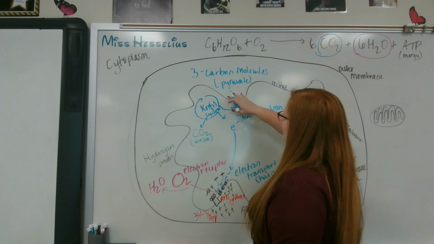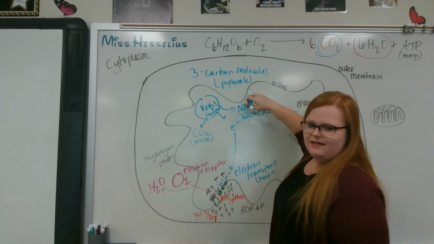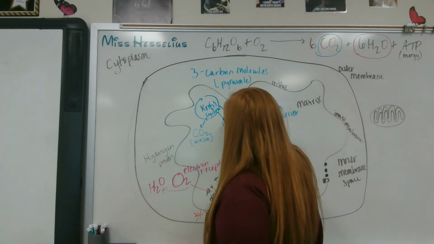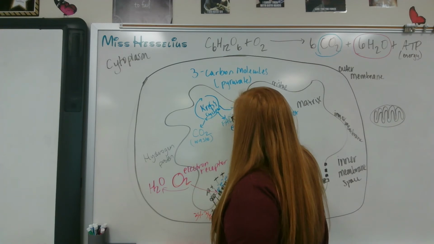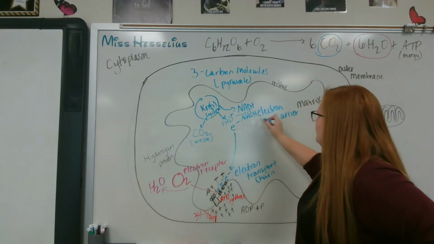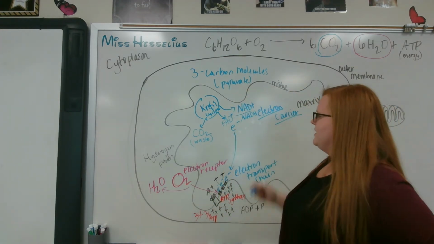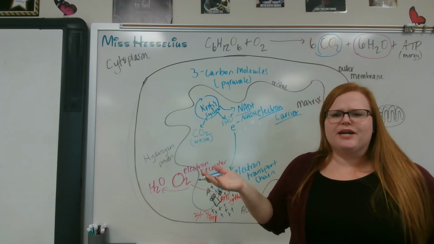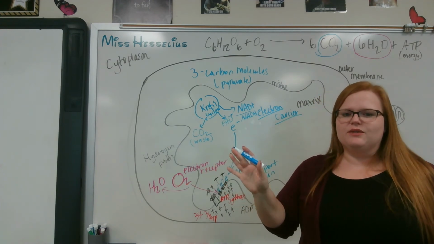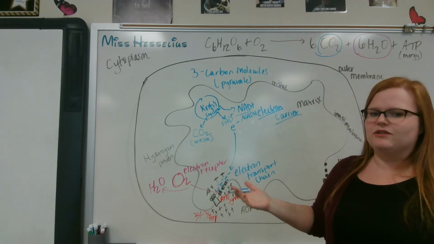The Krebs cycle also makes NAD and something else called FAD, which is also an electron carrier. There are two different types of electron carriers. I think one of them carries more electrons than the other, but you don't need to worry about that. Just know they both carry electrons.